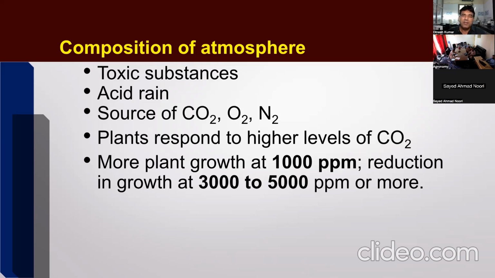There is a limit to increasing the CO2 concentration. Under field conditions, we cannot increase CO2 concentration to increase photosynthesis because it will have more negative effects. But if we keep other factors constant, then CO2 increases the rate of photosynthesis and plant growth.